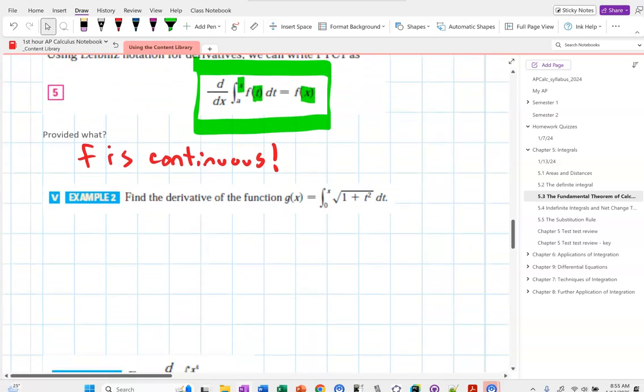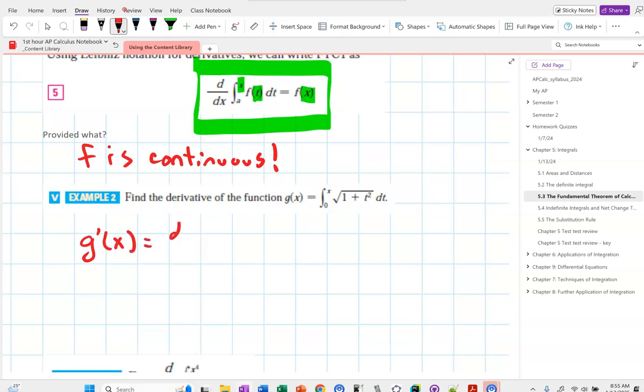All right, let's look at an example here. It says, find the derivative of the function g of x. So that's going to be the derivative of the integral from 0 to x of the square root of 1 plus t squared dt.